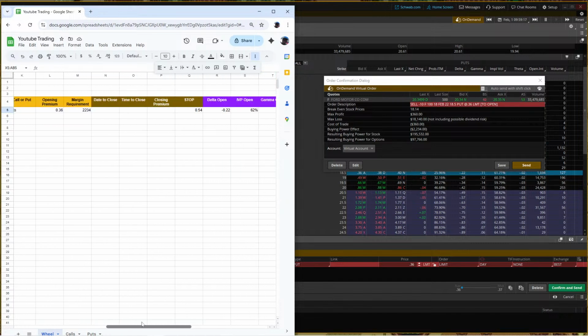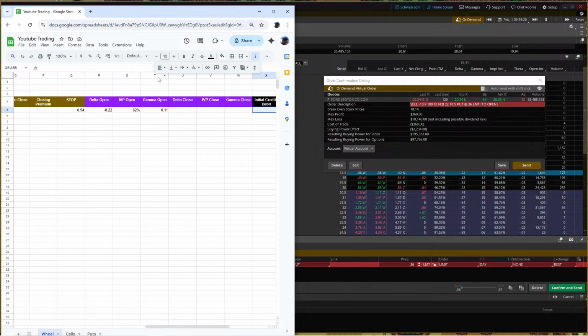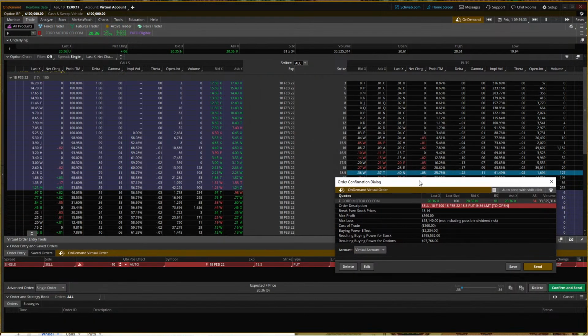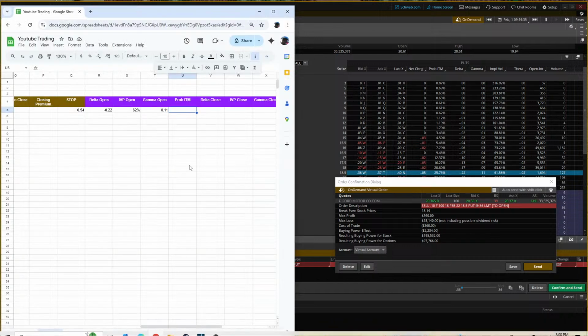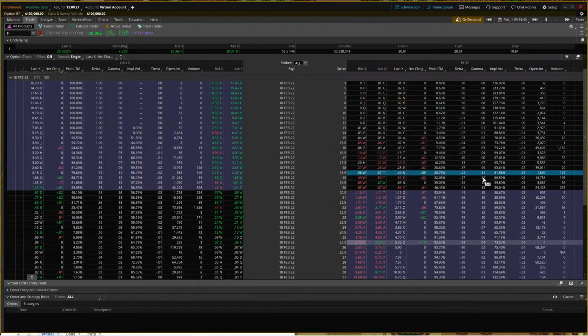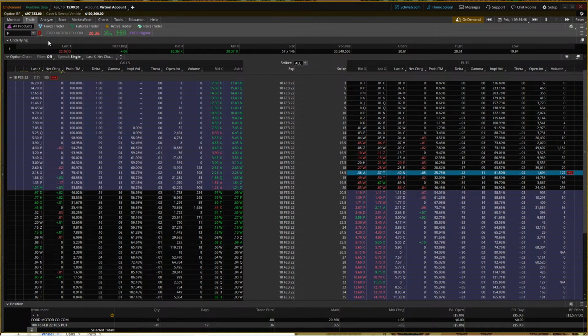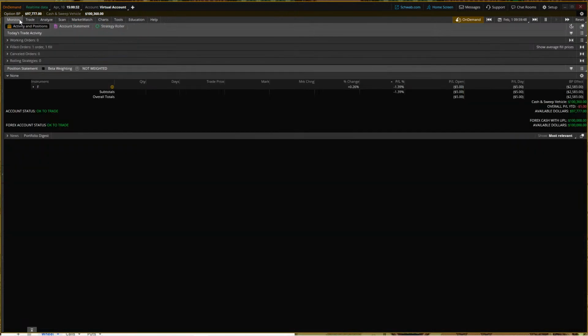And we're good. Actually, I want to add one more column. Let's go prob in the money. It's there. My probability in the money is 25.75. So let's add that, because I had that in there. And then now we can hit send. We sent those off. So if we jump over here, let's mute that.